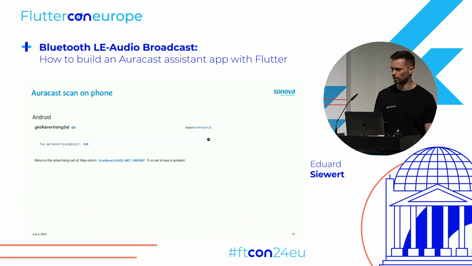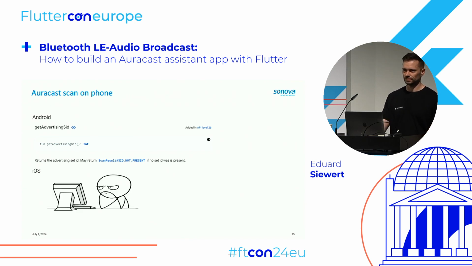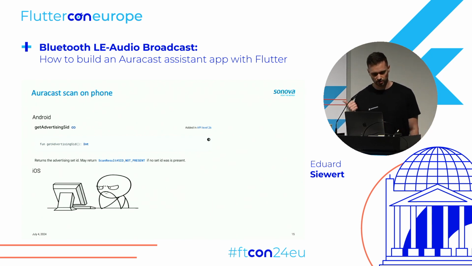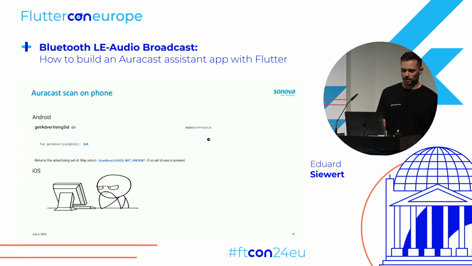So let's have a look on iOS. Well, I can tell you, you won't find it. It's just not available on the iOS Bluetooth API, which is strange, right? But it's just not provided, so the Core Bluetooth interface of iOS does not provide the advertising set ID. And there's something else.